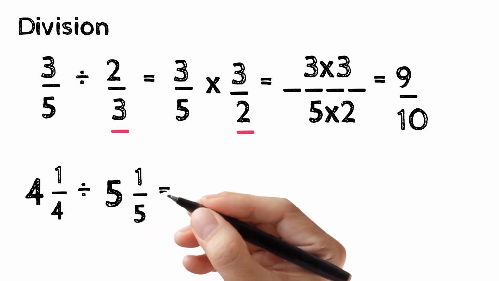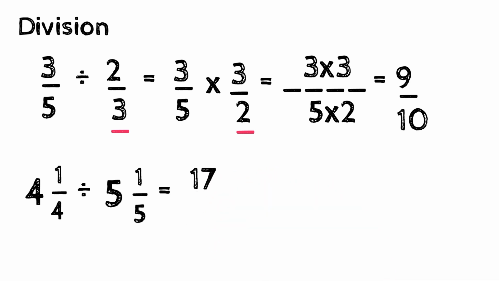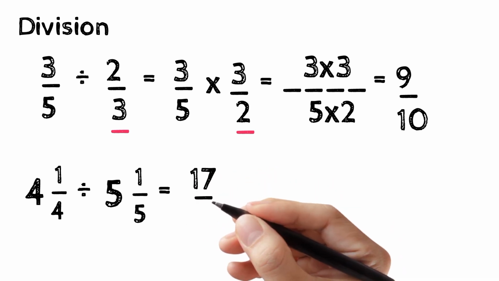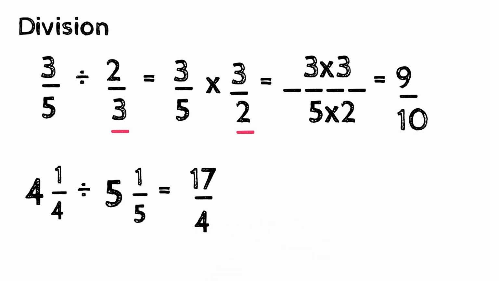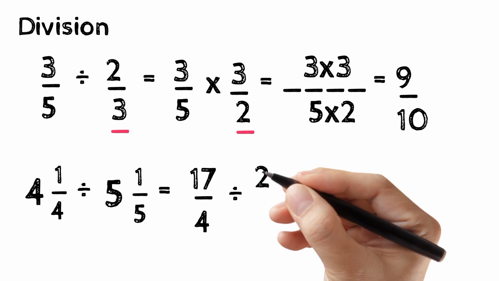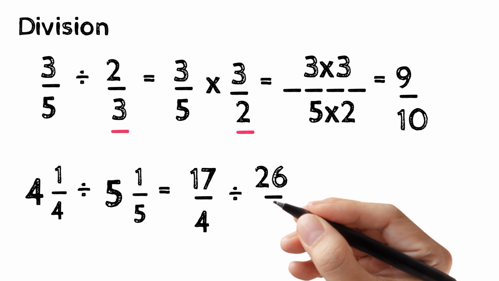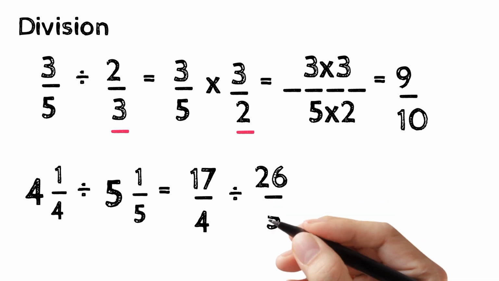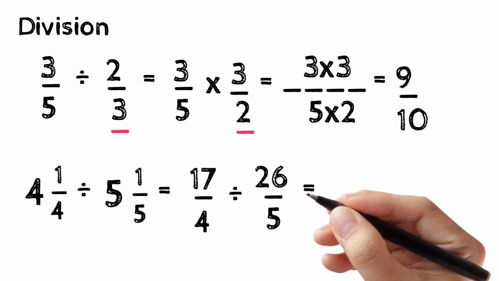Now this is equal to, first of all, change all of the fractions into improper fractions. The first is 17 over 4, and then divide by 26 over 5. Now we continue with the other procedures.